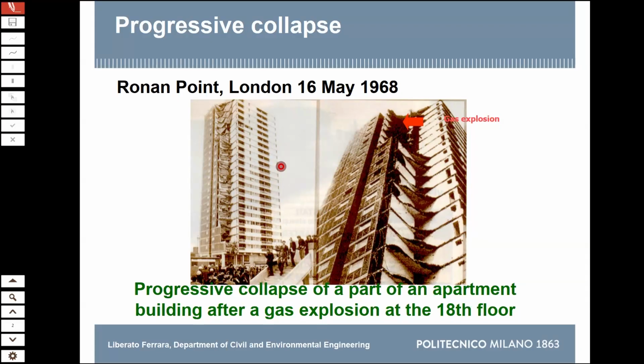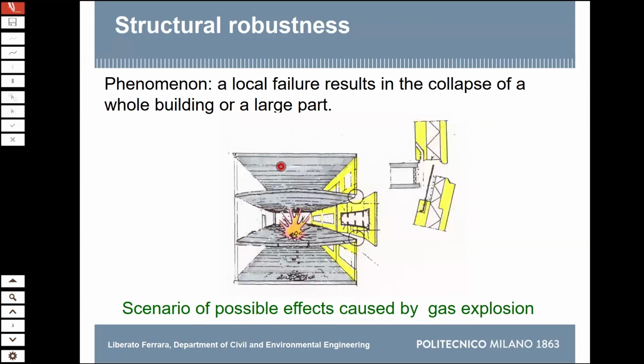So this was a case of progressive collapse because the structure was not robust. What happened? You imagine you have this explosion, this detonation. The weak point here was, as I said, the precast panel building with very weak connections between the panels and between the floors and the facade panels. So those very weak connections were the first thing to break.